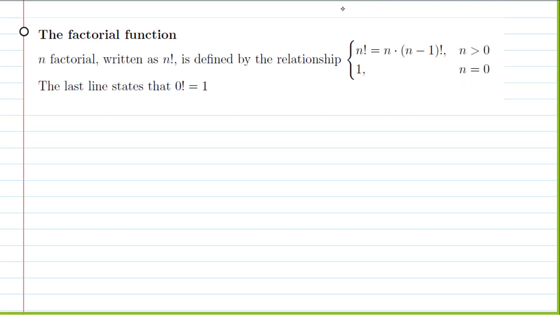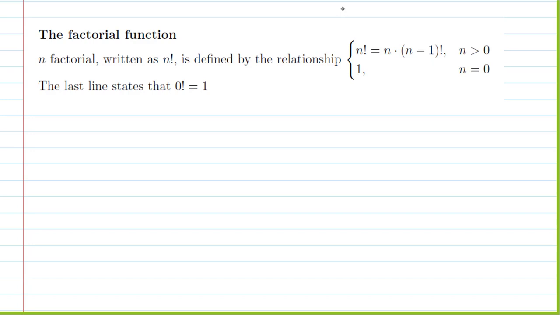Its name is the factorial function. So n factorial, written as an n with an exclamation point after it, is defined by the relationship n factorial is equal to n times n minus 1 factorial for n greater than 0, and it's equal to 1 when n equals 0. So the last line really says this: we define 0 factorial to be 1.